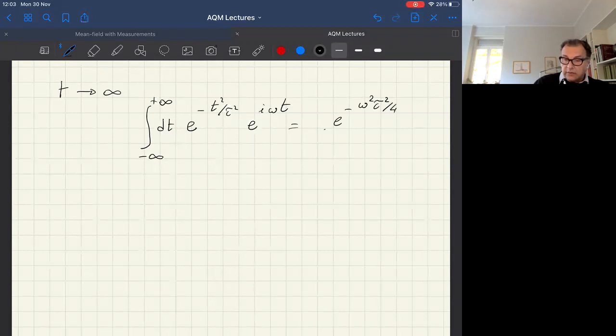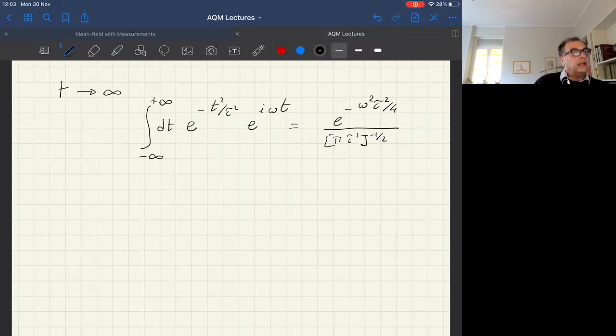And then I have to see what is the prefactor, which I do not remember. Yeah, so it's pi tau squared to the power 1/2, okay? Now, this is the result.